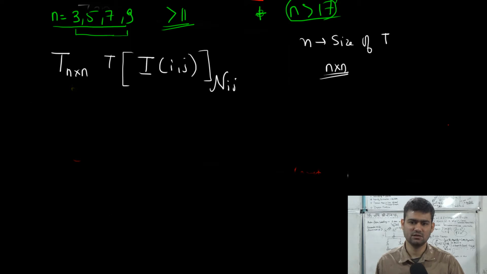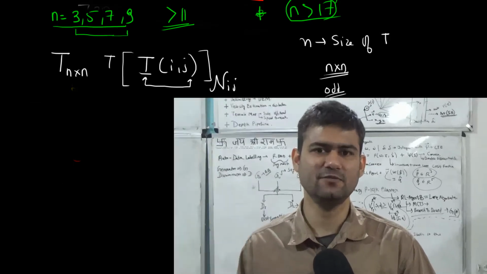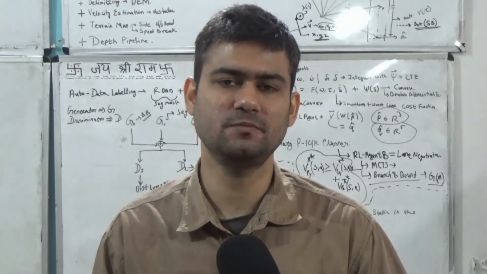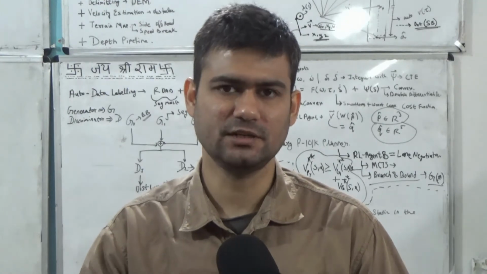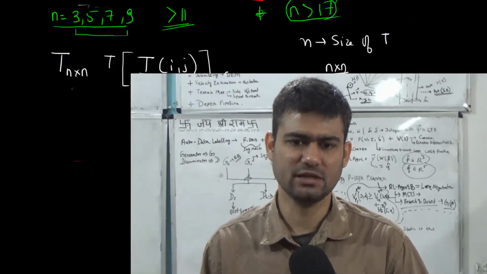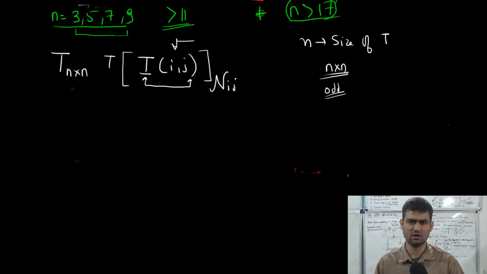And these filters are centered on the pixel on which they are operating, and that's why we select the value of n to be odd, because if we select an even value, then it would not be possible to center the filter on the pixel location i comma j. But if the filter size is odd, then we can center the filter on the pixel location i comma j.